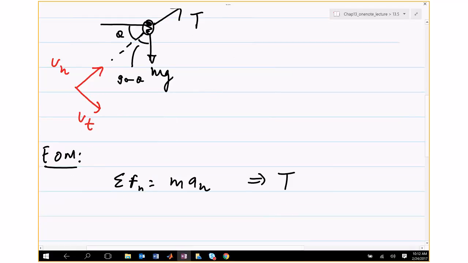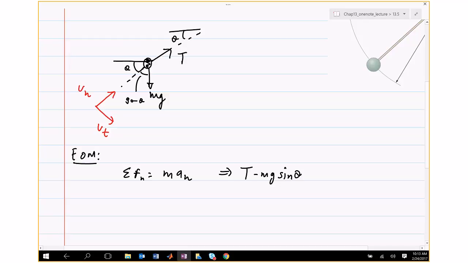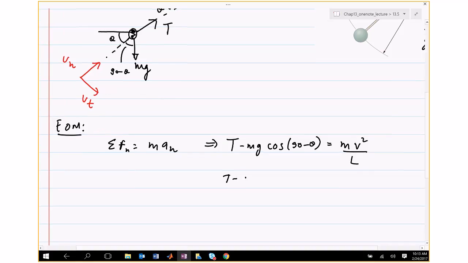So that's right, mg sine theta, and that equals mass times the normal acceleration, which is v squared divided by rho. Now it turns out that rho is simply the length of the string, because this is going to move in a circular path. You know the radius, it's the radius of the circle, which in this case is the length of the string. So that is T minus mg sine theta equals mv squared divided by L.